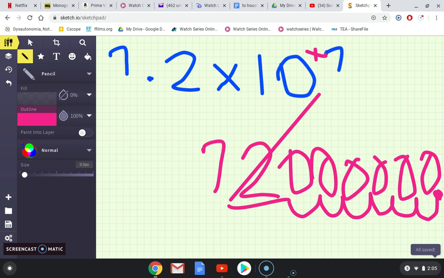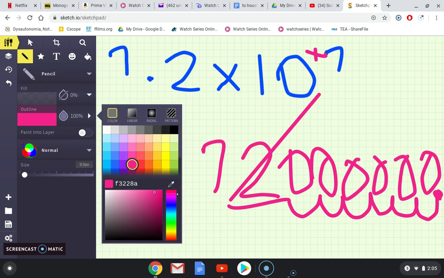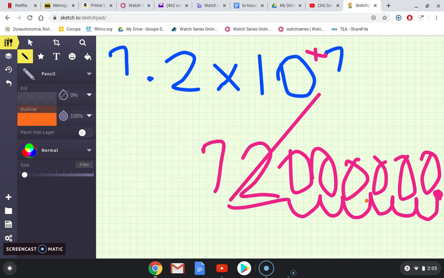And we can put in some commas in there. Let's change color so we have a clue what's going on here. 1 and 2. So that is our 72 million that we looked at earlier in the lesson. So we know it's a big number because it's a positive, and we went 7 dippy-doos from the original decimal place.